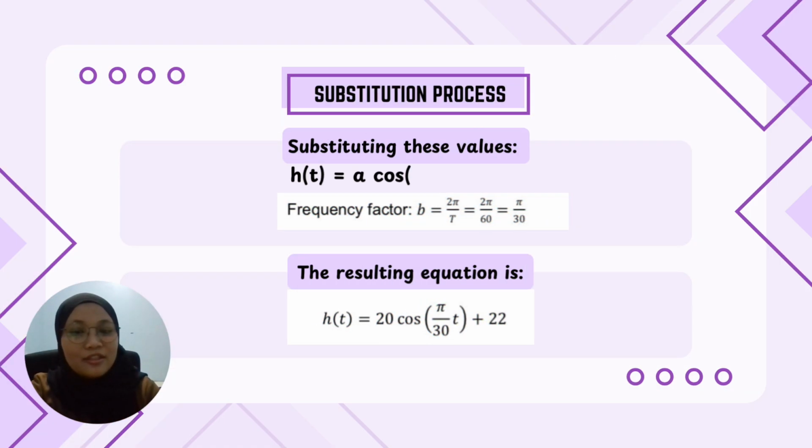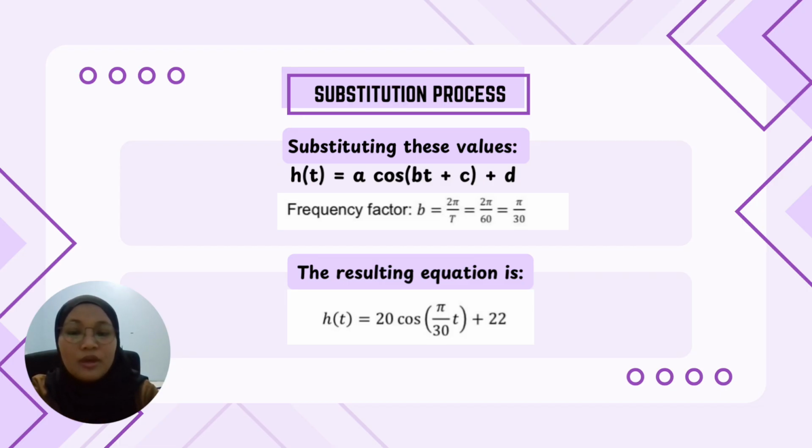Now, I will continue with how the substitution process happens. First, the amplitude and vertical shift are substituted into the general equation, giving the initial form of the model. Next, the frequency factor is calculated using the formula 2 pi divided by the period.